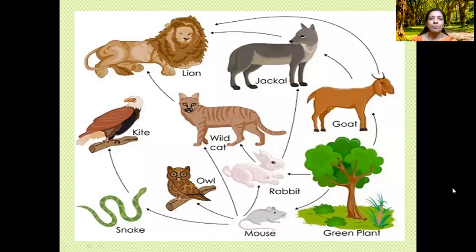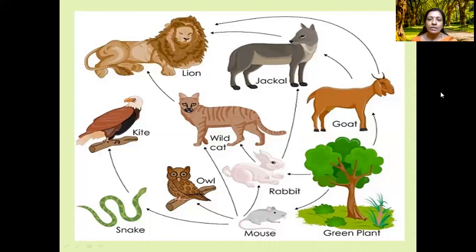Now this diagram, I think, will clearly represent what exactly a food web is. Plants, which are the source of food, can be a source of food for a goat, can also be a source of food for the rabbit, and can be a source of food for the rat or mouse.